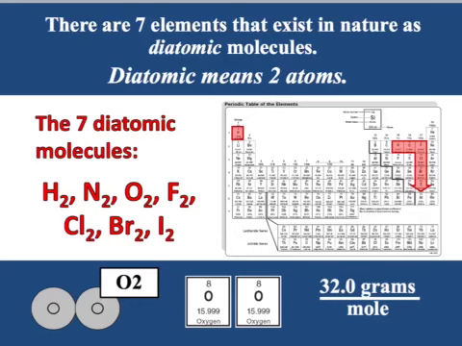There are always going to be 2 of those with the molecule. So if you're finding the formula mass for oxygen, you have to remember that it's not just going to be 1 oxygen, it's always 2 oxygens because it is diatomic.